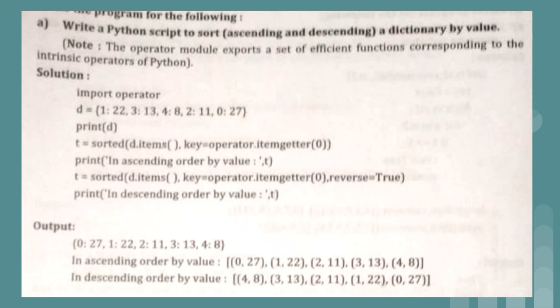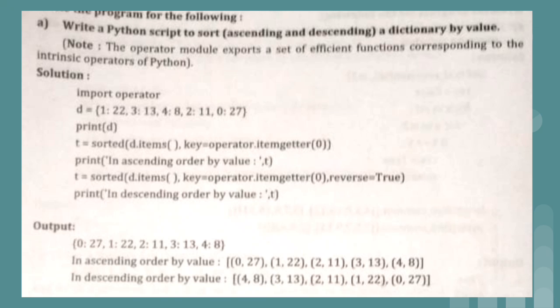Why have we imported the operator module? Because the operator module contains different methods like itemgetter. The itemgetter method will help us get the item from the dictionary which is at index number 0.